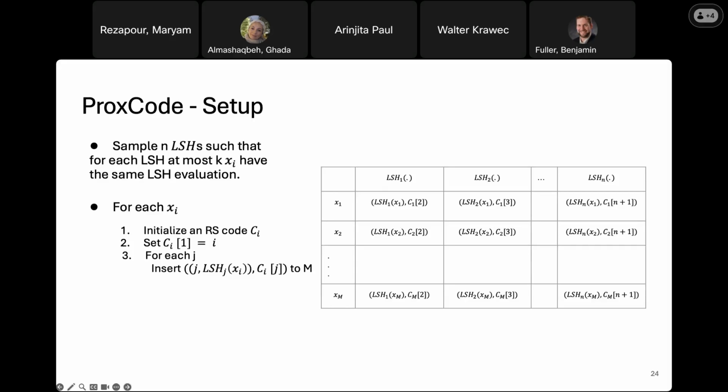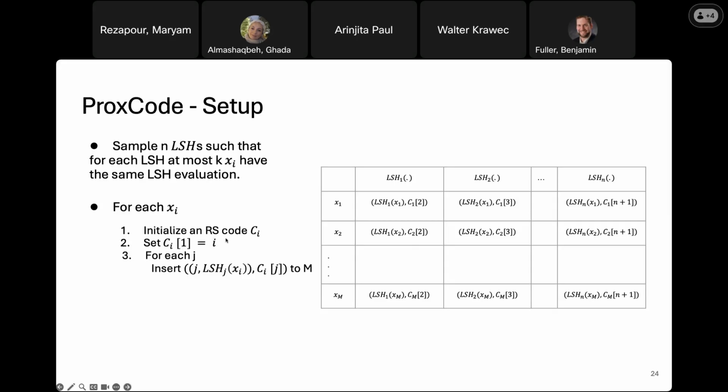So let's first see how the setup works. As I said, we are going to compute the LSH evaluation. Then we are going to initialize a Reed-Solomon code. And we are going to put the first code word symbol to be the index i.